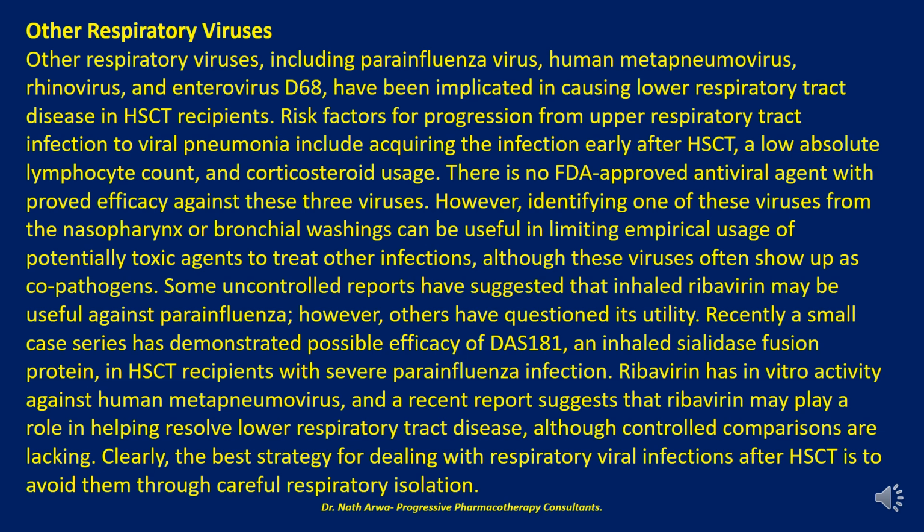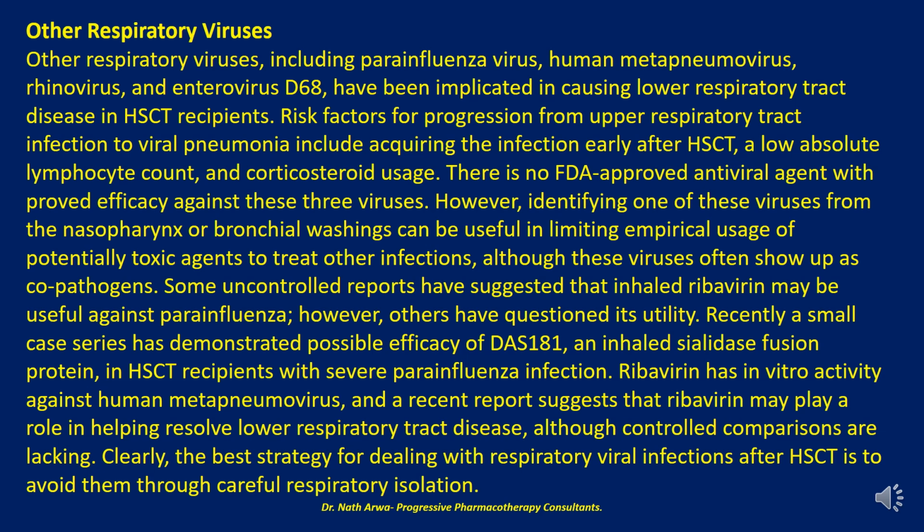Some uncontrolled reports have suggested that inhaled ribavirin may be useful against parainfluenza. However, others have questioned its utility. Recently, a small case series has demonstrated possible efficacy of DAS181, an inhaled sialidase fusion protein, in hematopoietic stem cell transplantation recipients with severe parainfluenza infection.